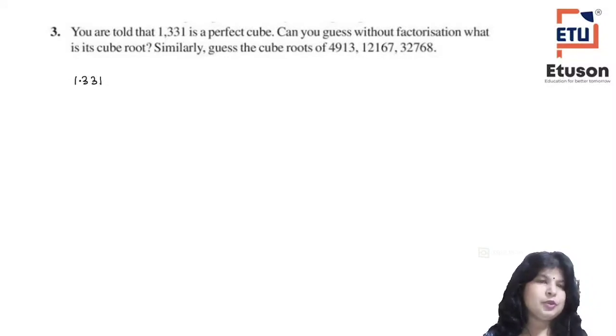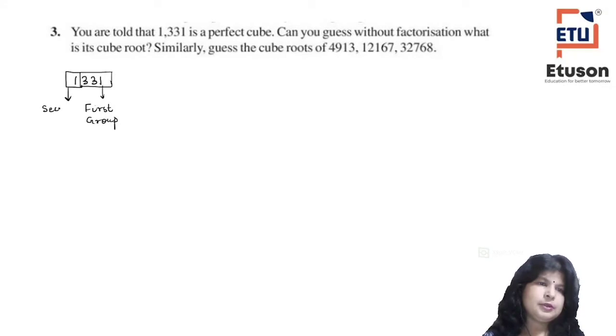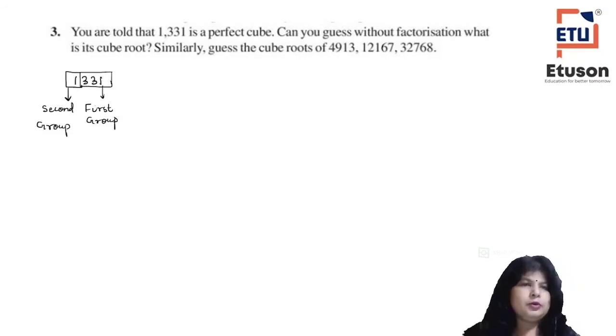So as you remember, we have to group into 3, starting from the units place. This will be your first group, and this will be your second group. Now in the first group, you can find the estimated cube root by just observing the number at its units place.